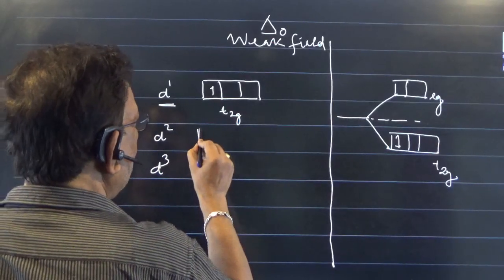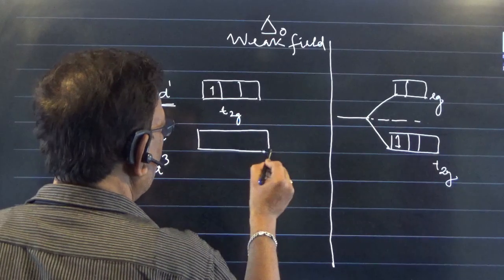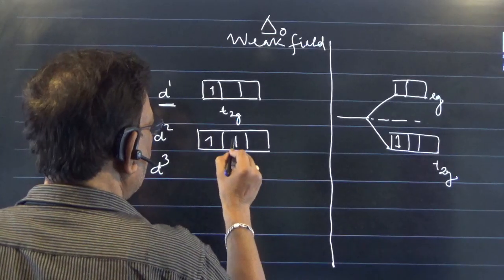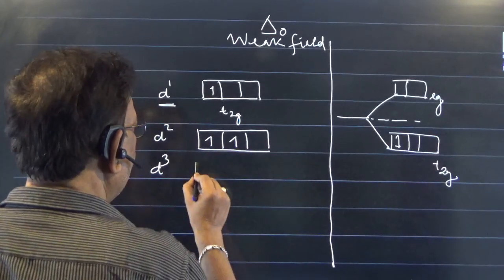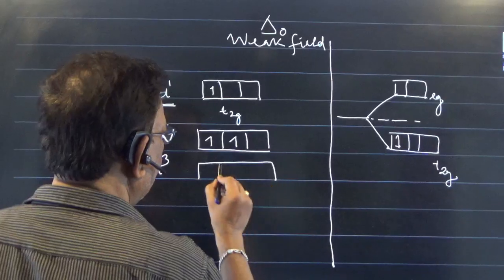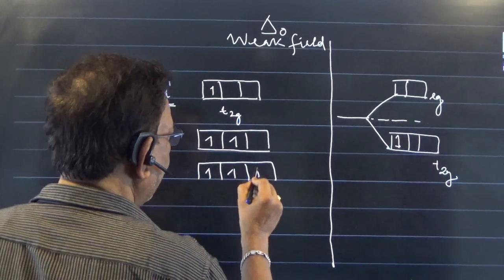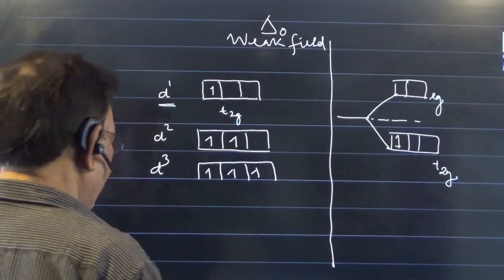For D2, it gets two electrons, 1 and 1. For D3, 1, 1 and 1.